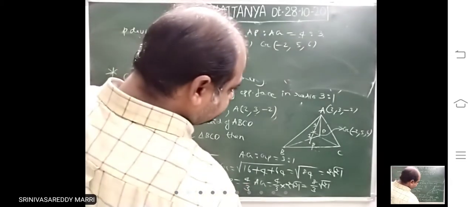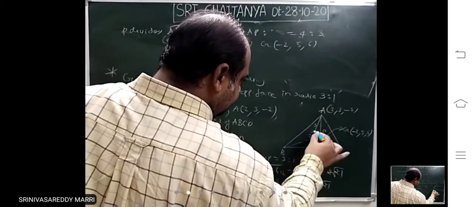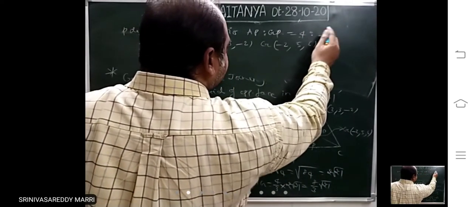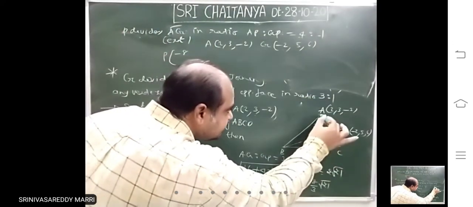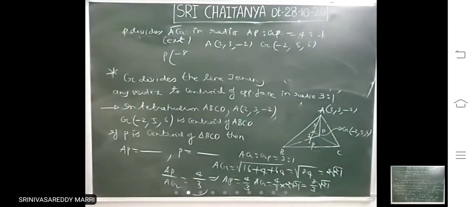AP is to, sorry, GP, not AG. AP is to GP, 4 is to 1. P divides in the ratio AP is to GP, 4 is to 1.